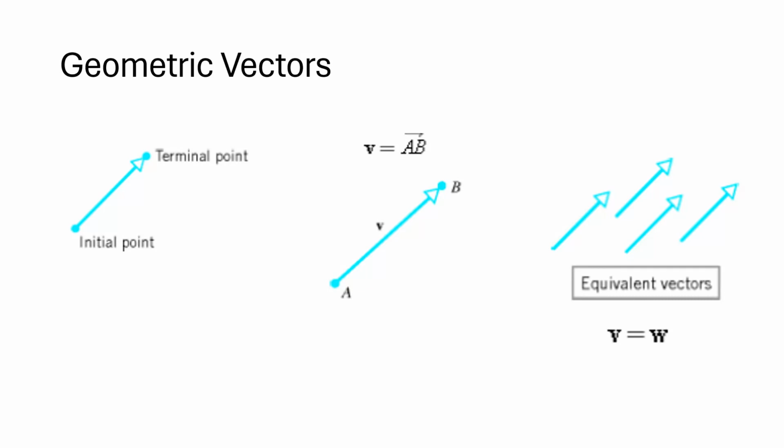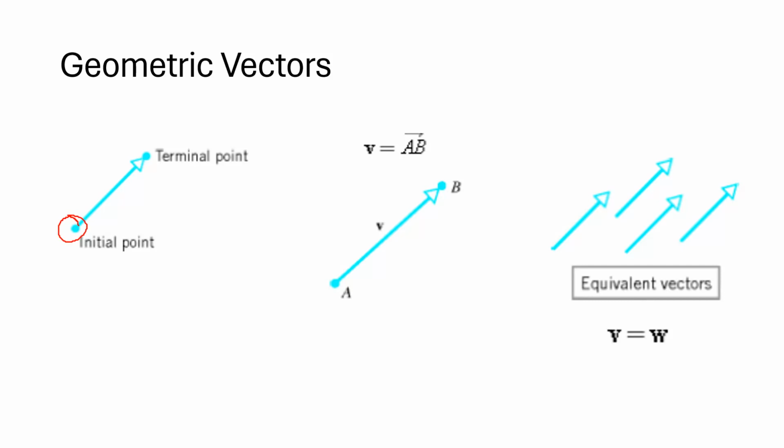So the tail of the arrow is called the initial point. Okay, so this is the initial point, and of course, the tip of the vector, the arrow, is what we call the terminal point.